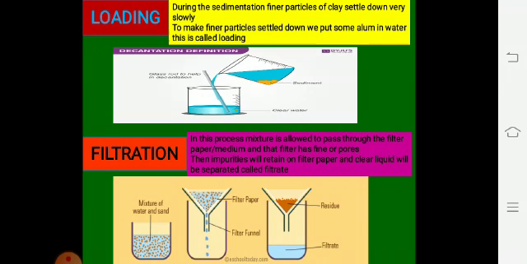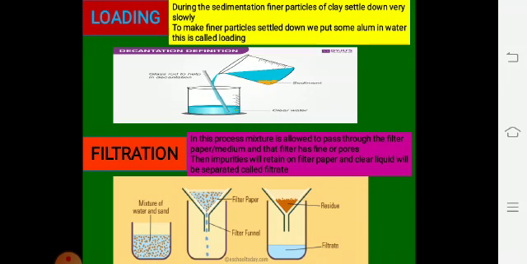The impurities will remain on the filter paper, and the clear liquid, water or any solvent, will be separated. That process is known as filtration.